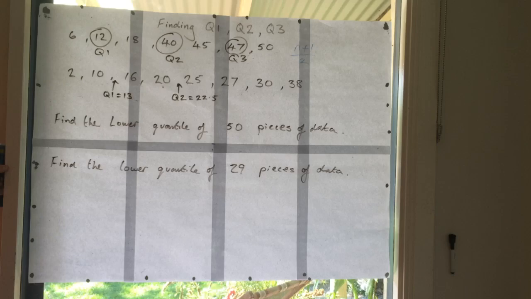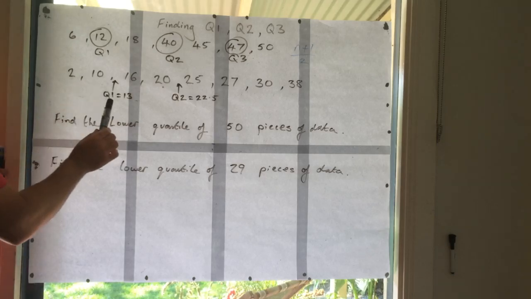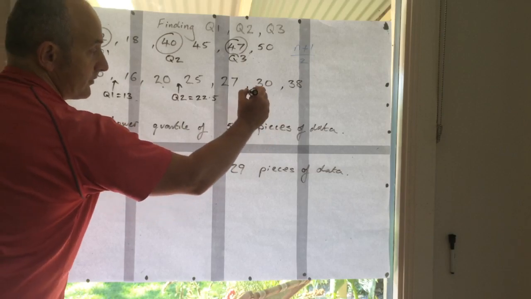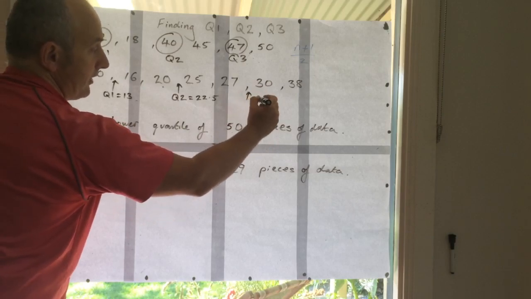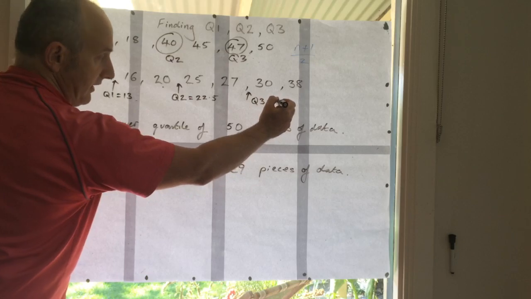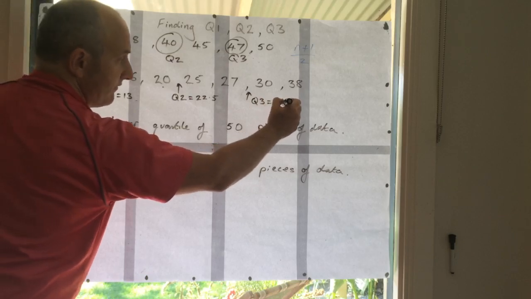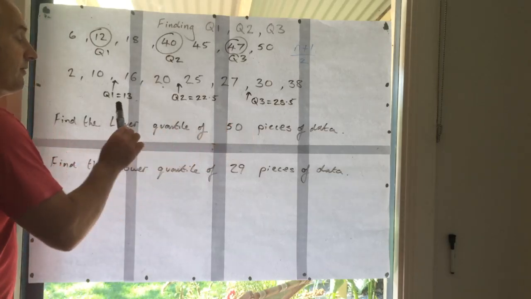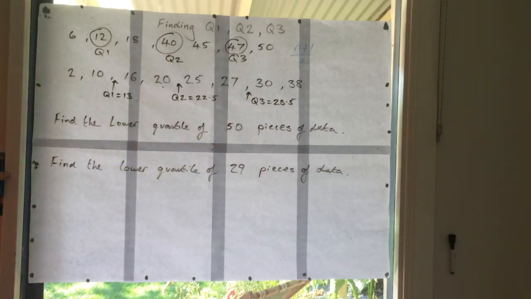And look, everything is symmetrical. 1, 2, lower quartile. 1, 2, upper quartile. So here, Q3 is going to be 28.5. Again, the difference between these two will be the interquartile range.